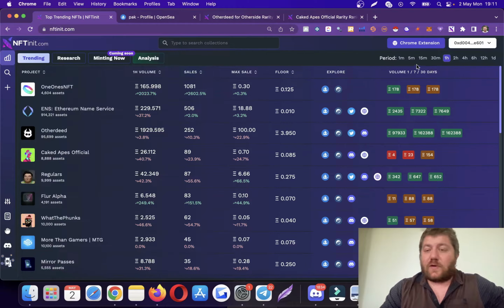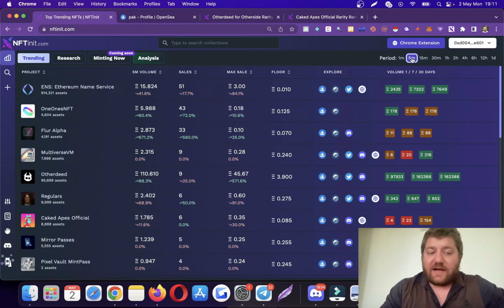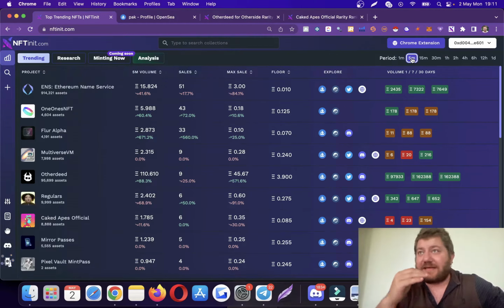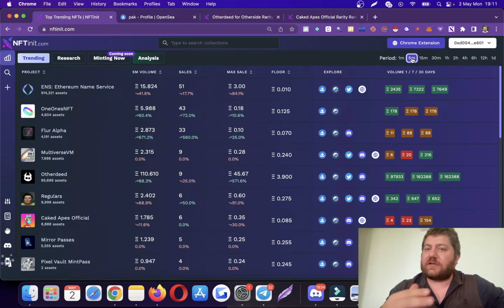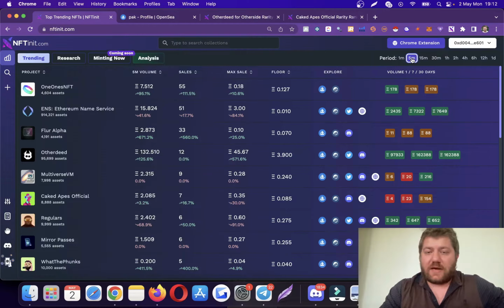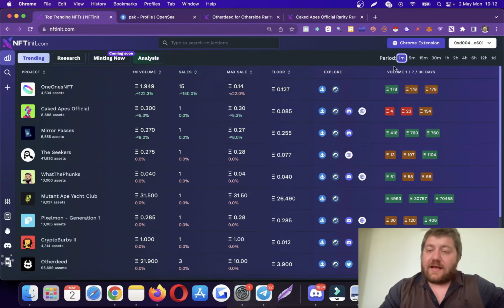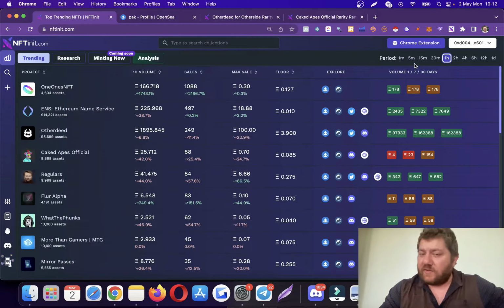But in case you want to see what is going on in the last 5 minutes, so you can catch them right before they get known by others, which might eventually increase their floor price, you can see the 15 minute range, 5 minute range, even 1 minute range. However, again, if you are just starting out, I would advise you to stick to the free version, try to understand it, and see how the collections are behaving over time.